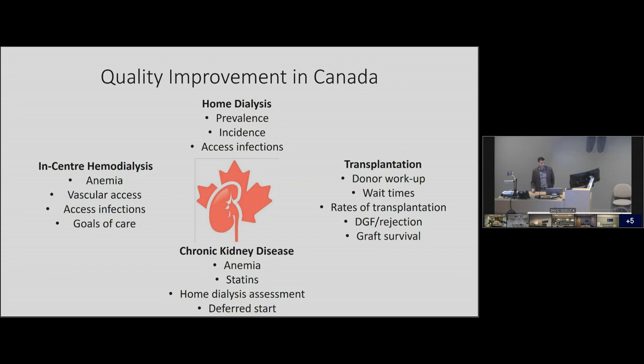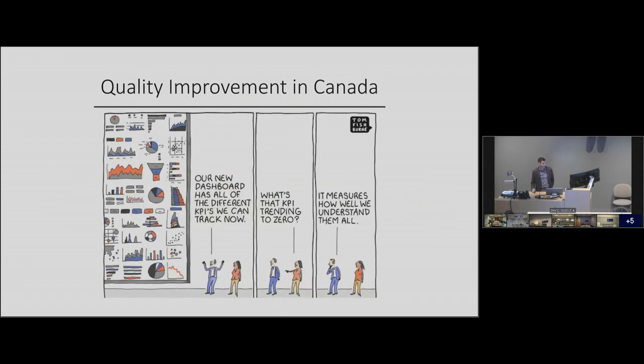And in transplant, looking at the donor workup time, wait times, and certain transplant outcomes. I think the main thing missing here, and the reason I put this slide up, is there's very few patient-reported, patient-experienced, patient-centered outcomes on this list, which is a gap I know BC and Ontario are trying to work on, hopefully together, so that we have a combined patient experience measure that we can use amongst ourselves.